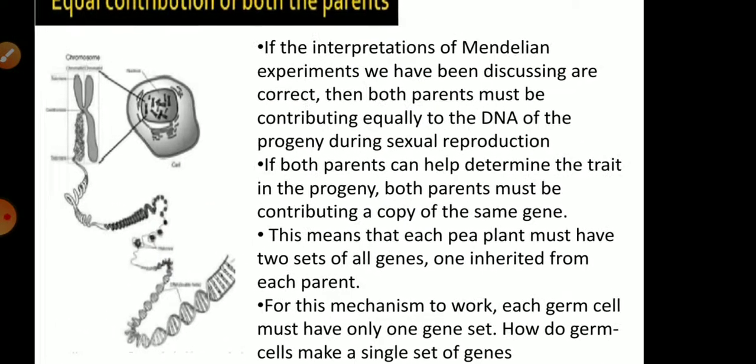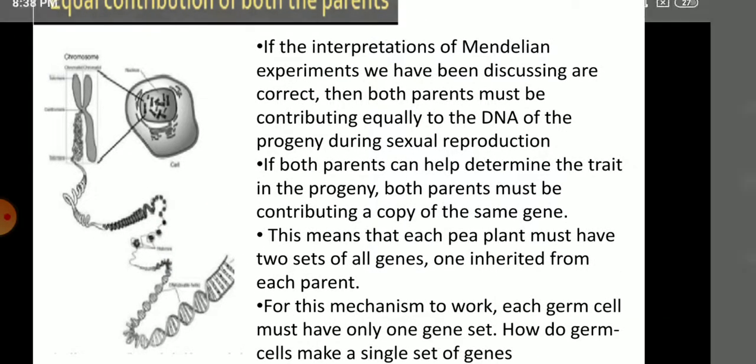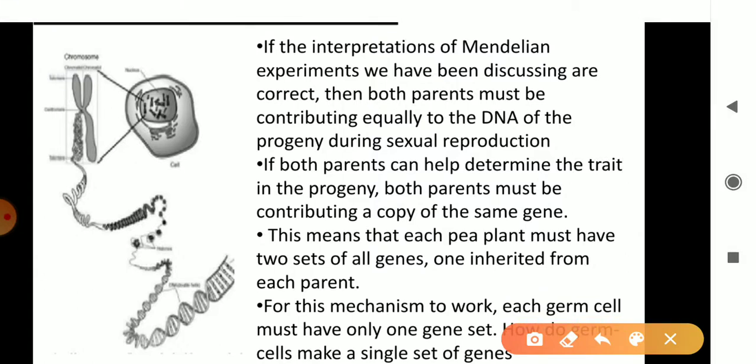Now let's once again recall what Mendel had done. He made the dihybrid cross, and on the basis of the dihybrid cross he concluded that inheritance of a pair of factors for one character is independent of the inheritance of a pair of factors for another character, right?